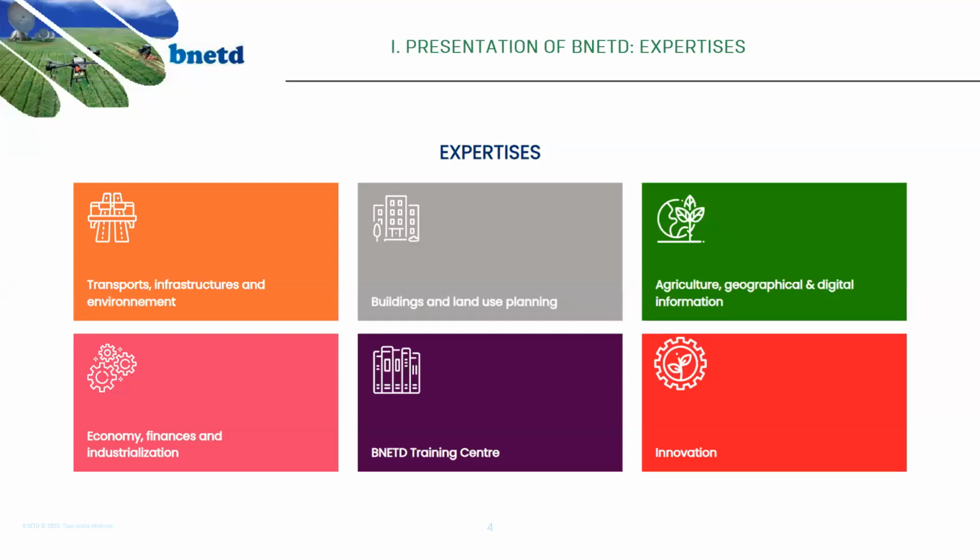We have 6 main expertise domains: transport, infrastructure and environment, buildings and land use planning, agriculture, geographical and digital information, economy, finances and industry. We also have an innovation center and a training center.